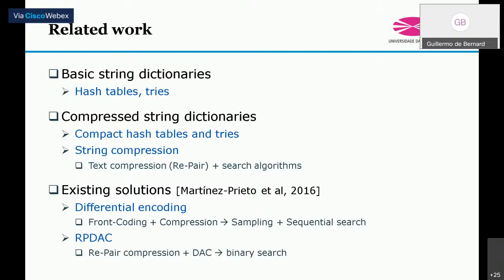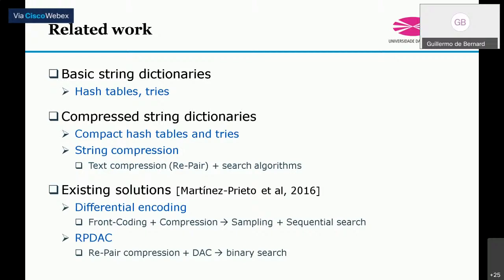There are two solutions that share some similarities with our work. They have been published more or less recently. The first one is called differential encoding dictionaries, and it's essentially based on front coding to remove regularity at the beginning of the strings. In the case of URLs, we have many common prefixes between the strings in our collection.